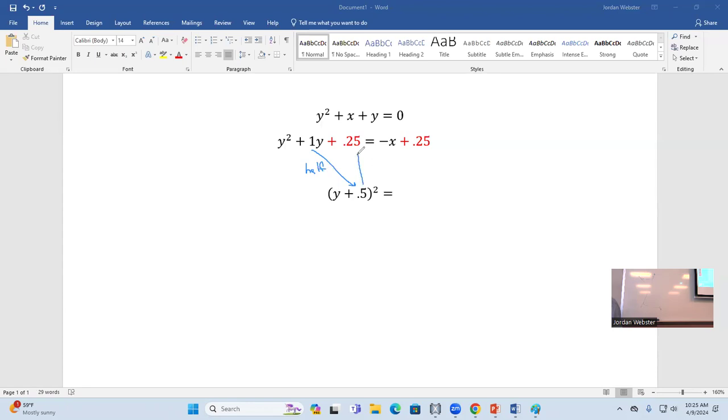And then I took the 0.5 and I squared that. That's what I'm doing. So half of this coefficient goes into there, and then I square it, and I add it to both sides.